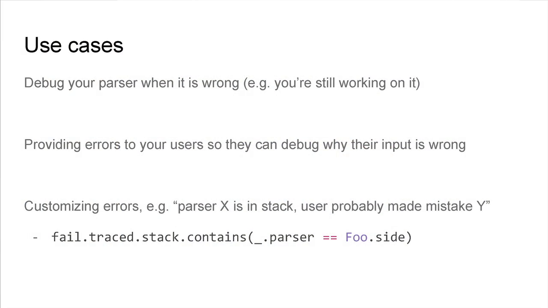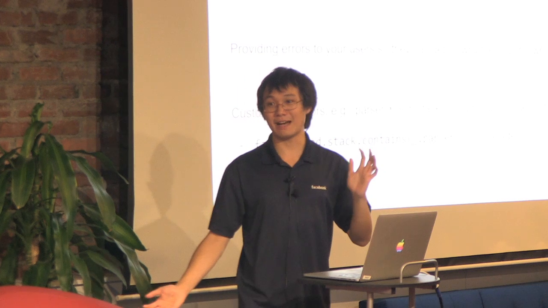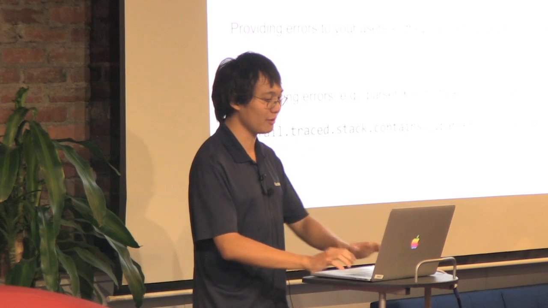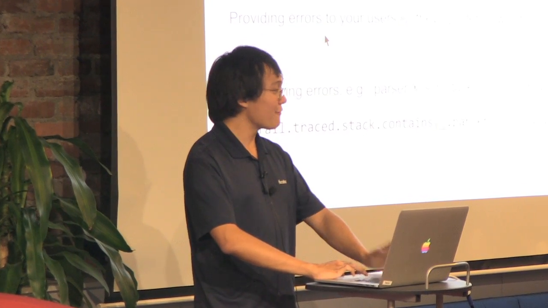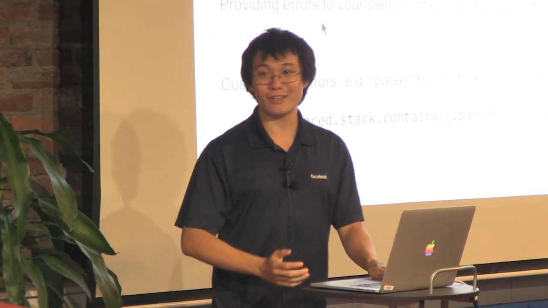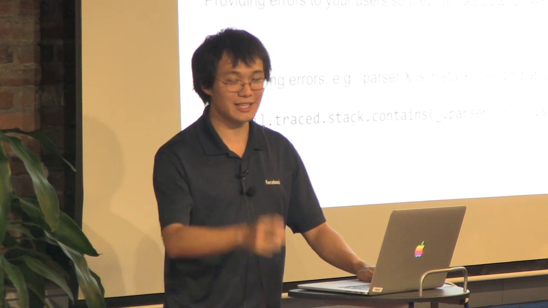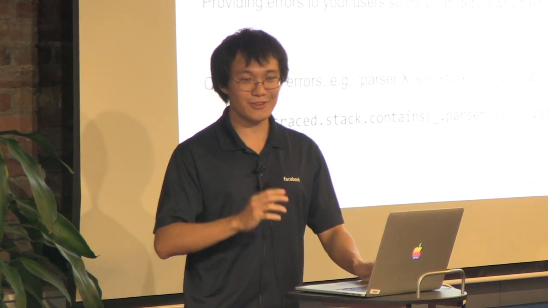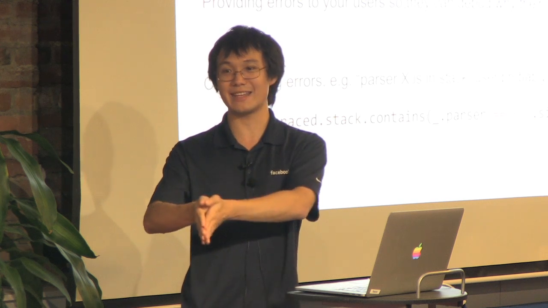Why would we do this? What are the use cases? If your parser is wrong, you can debug it very easily. So it is much easier to debug than 1,500 lines of while loops and if statements and mutable variables. If your users put something wrong into the input box that you are then parsing, you can tell the user you did something wrong, and you don't just tell them a syntax error at index 7.